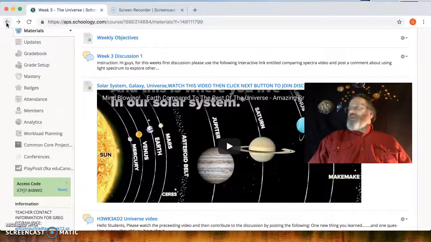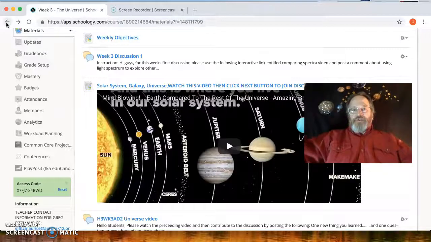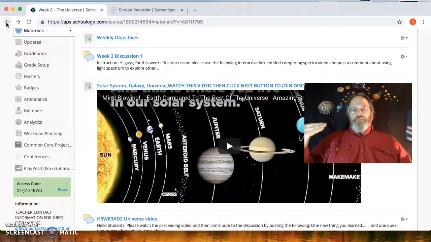The questions that you have to answer for me are based on what colors they get back, and keeping in mind that when they shoot a spectrometer, which is a graph of colors, when the colors come back, scientists can identify what elements are out in space by the colors that come back.